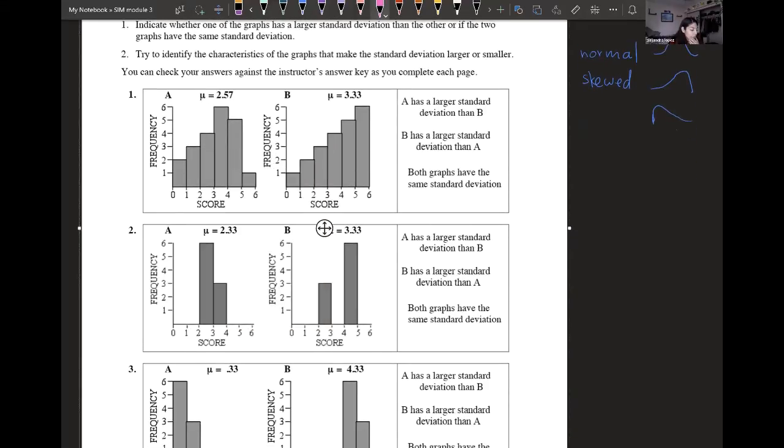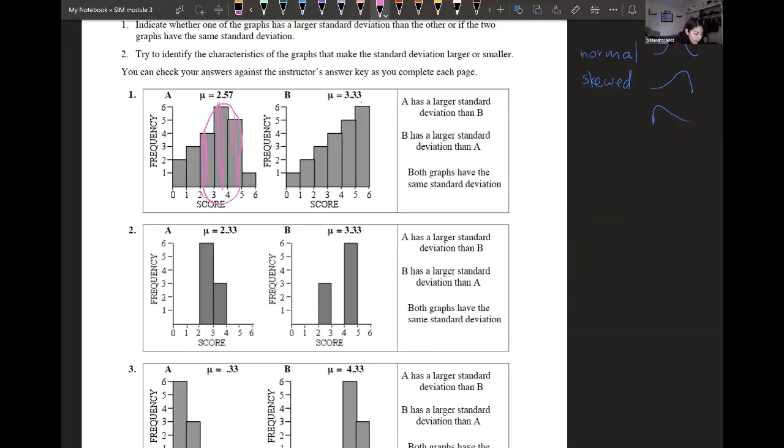So which one would you guys expect to have a higher standard deviation, A or B for number 1? No idea? Okay, so this one, the part of A, it has a lot of data right here, and this is also really big and really big, right? So we have most of the data right here.